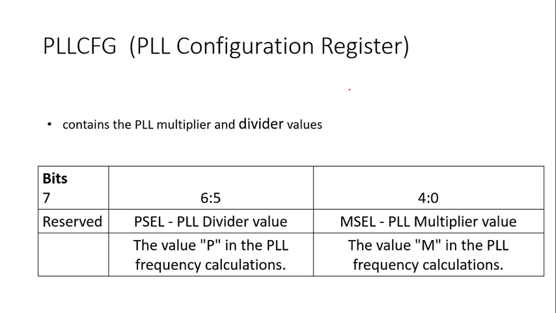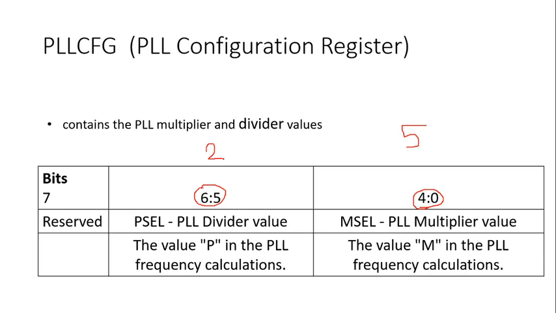The next one is the PLL configuration register. Again, bits 0 to 4, that is 5 bits, and bits 5 and 6, these are 2 bits. These are important.